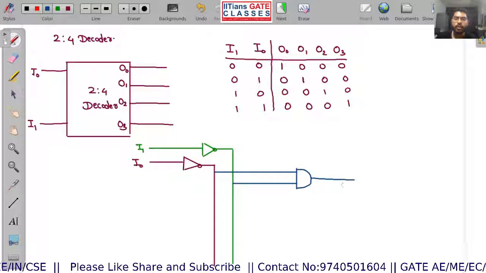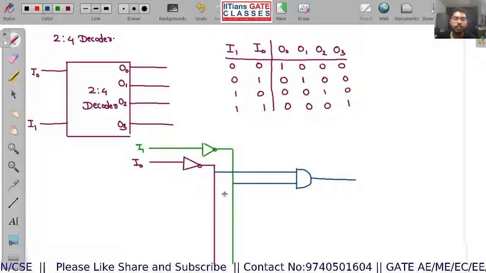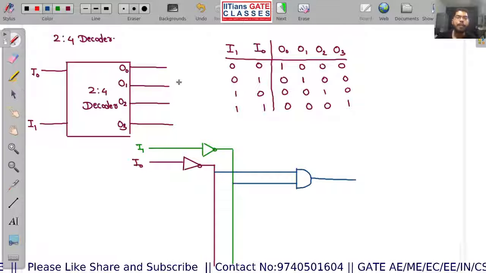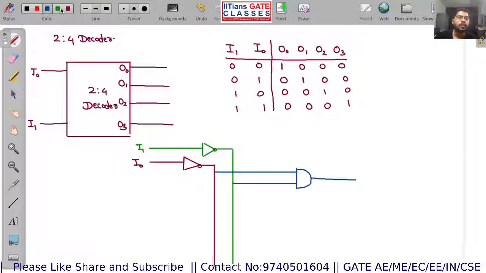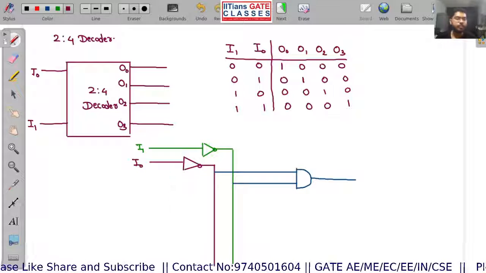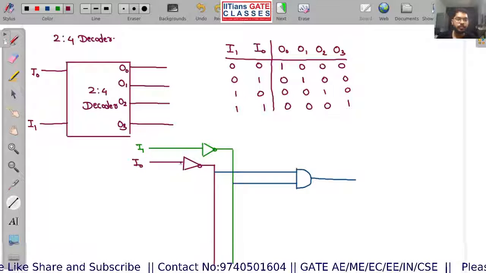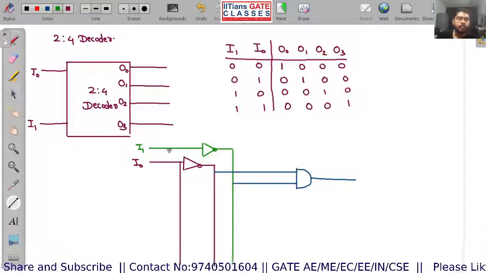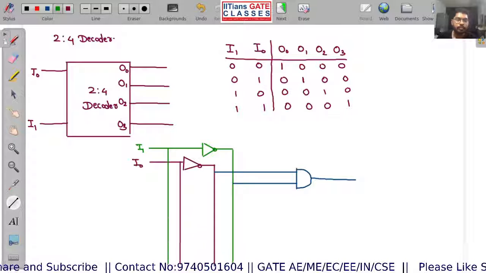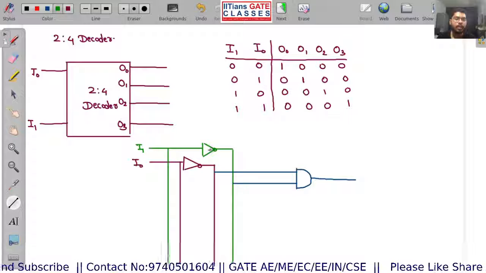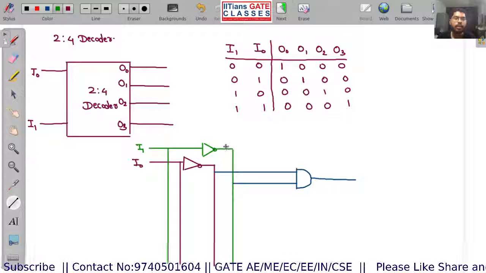First I am drawing the circuit, then I will explain. This line corresponds to I1 normal, and this corresponds to I1 complement.